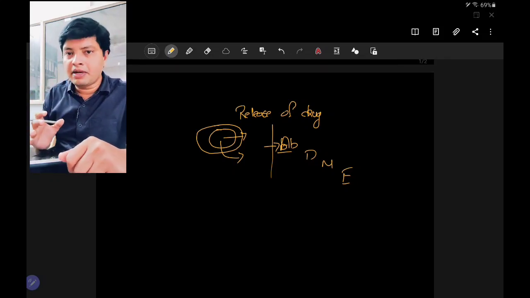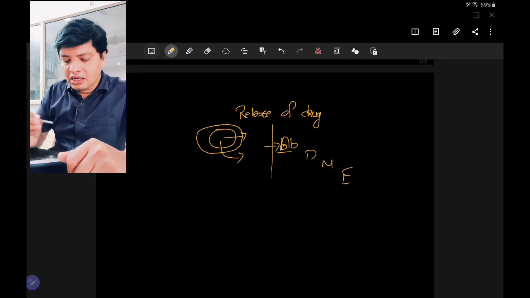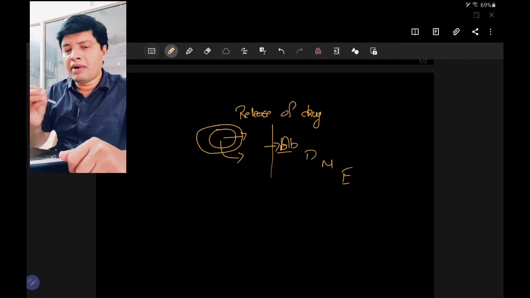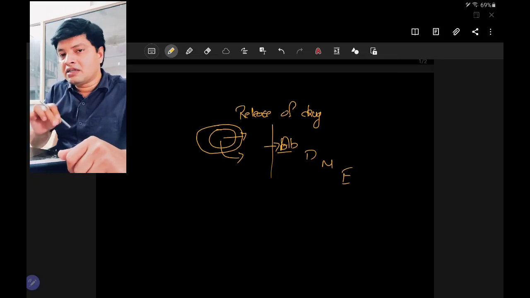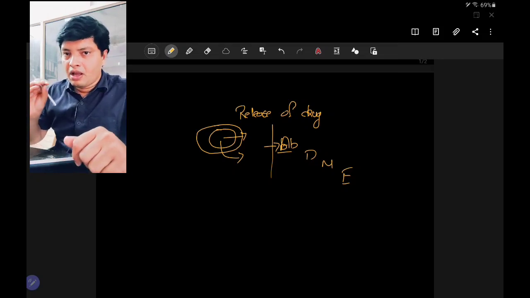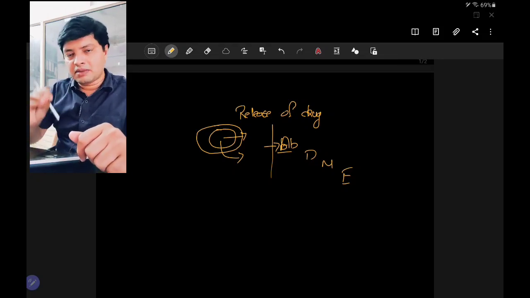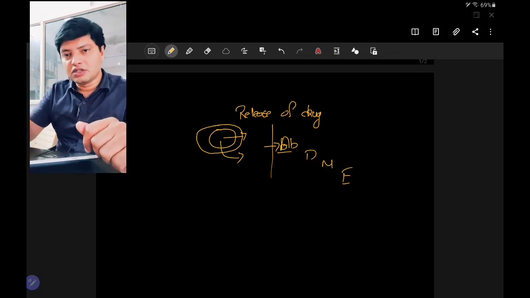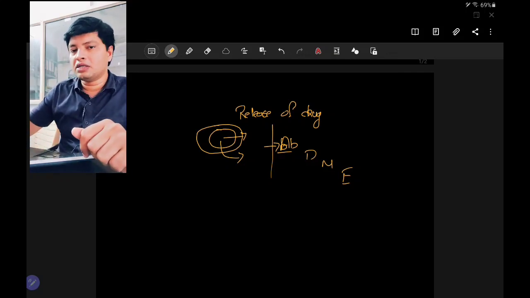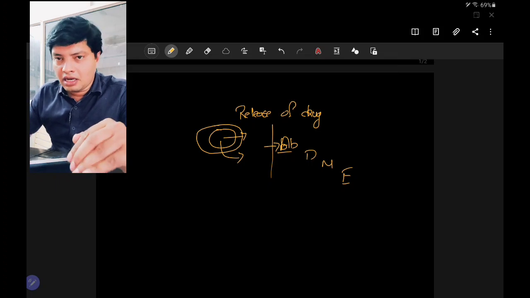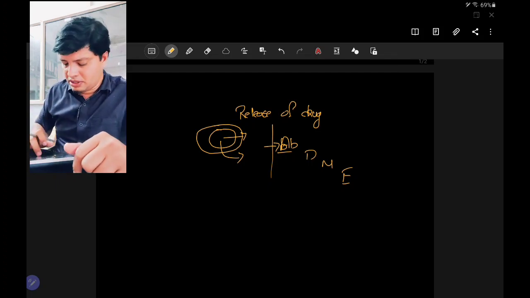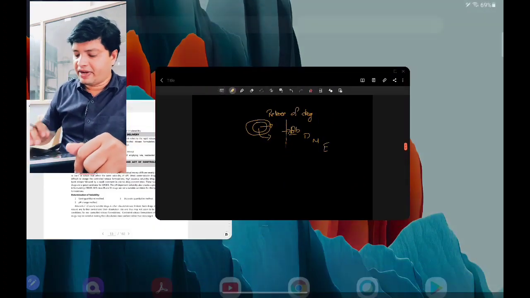Just remember that what I can control is the release of the drug from the dosage form. Once it releases, I assume it is absorbing normally, distributing normally, and being metabolized and eliminated normally. What that normal is, we are going to see in the factors affecting.